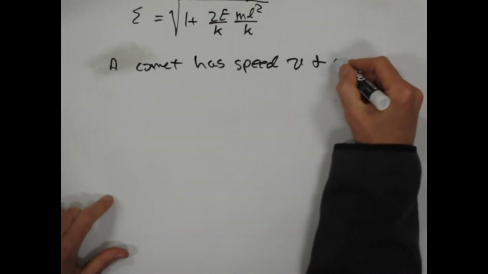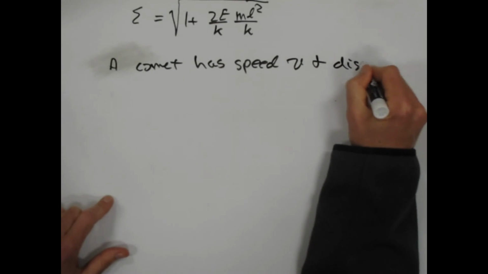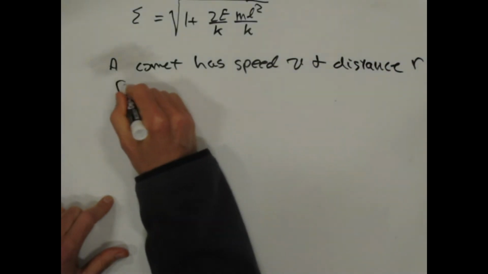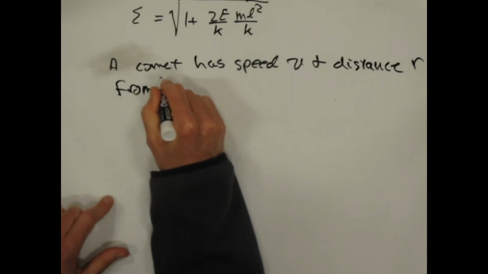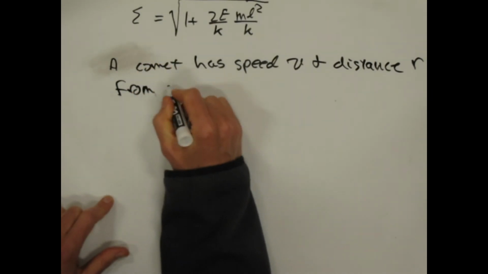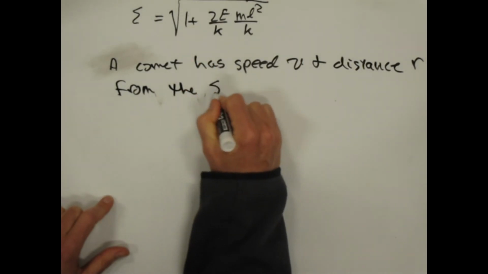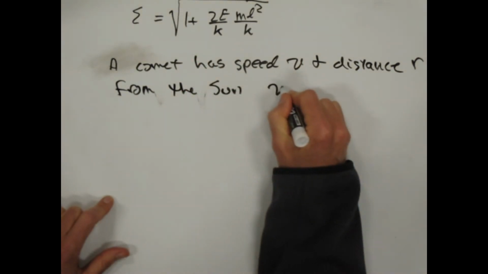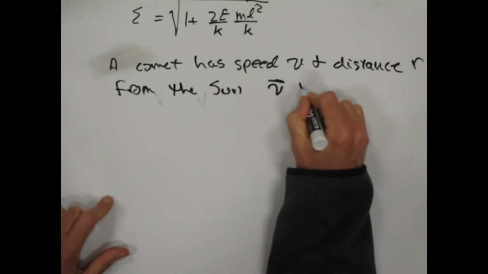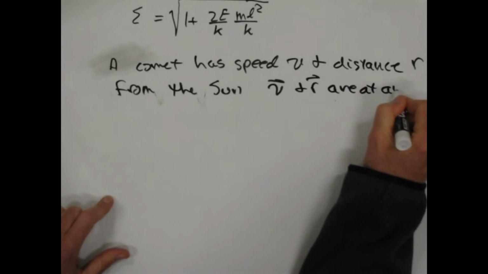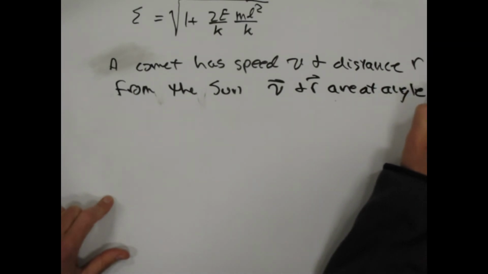a comet has speed v and distance r from the sun, and the speed and r are at an angle phi.